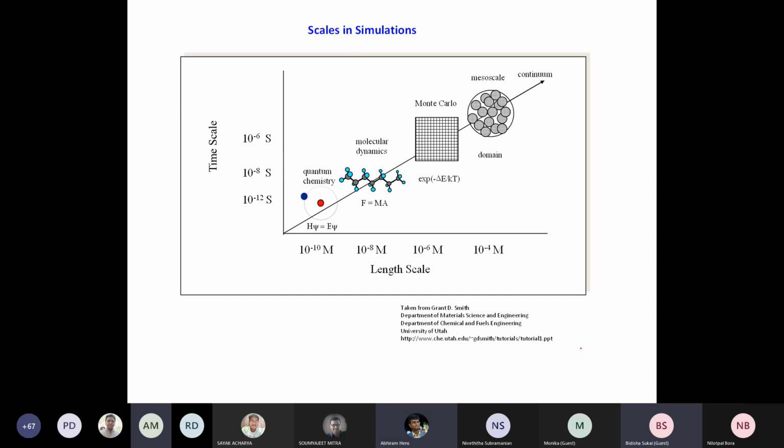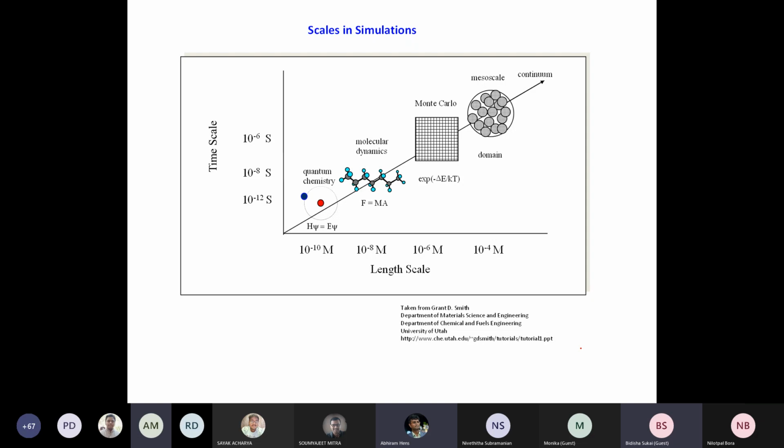So let me begin. Before introducing the CFD part, I would like to give a little bit of introduction about the different scales in simulations. Scales in simulation means that in engineering science we have different length and time scales. Phenomena take place at different length and time scales.